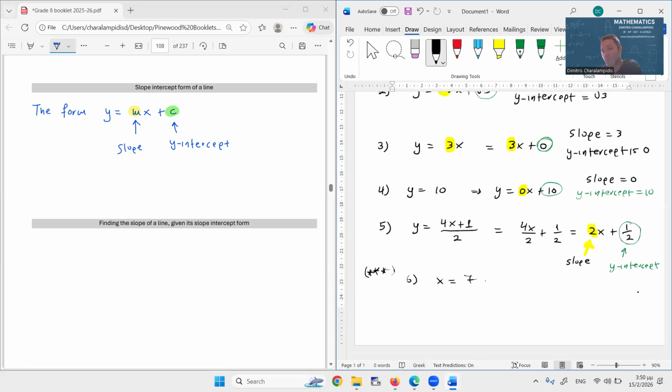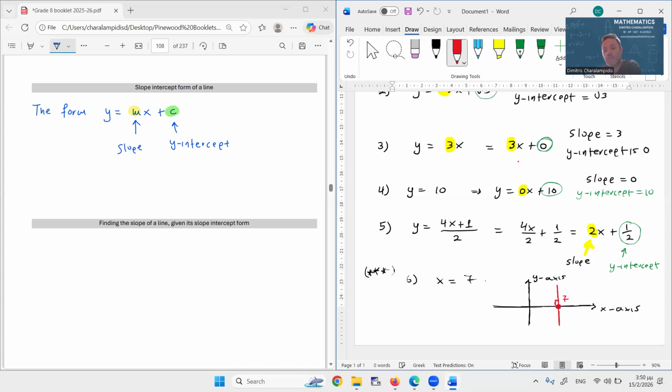We should know, or at least it's time for us to know it, that when we say x equals 7, this is the x-axis and this is the y-axis, x equals 7 is a line which is perpendicular to the x-axis and simply passes from the x-coordinate of 7.